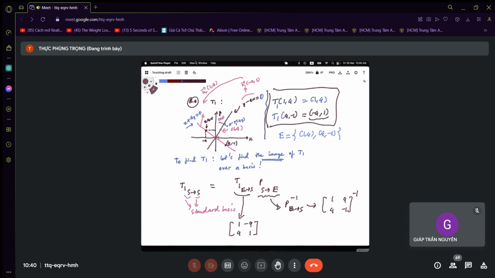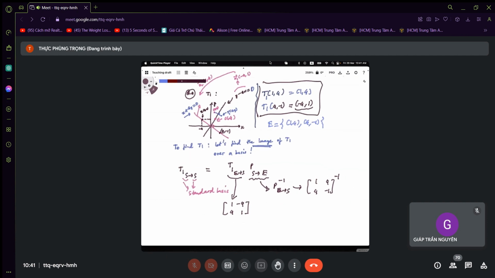Any question right here? So let me say again, I'm trying to find T1 from S to S because if we had this, we get the answer. I use the formula we got last time. We go from S to E using P. P is the transition matrix. And then I need to go from E to S, right? So then you get from S to S. P from S to E is defined by this, from what we have in the definition, right? And T1 from E to S is this one because you already got the image of T1 over E, right? Now, from here you get the answer.